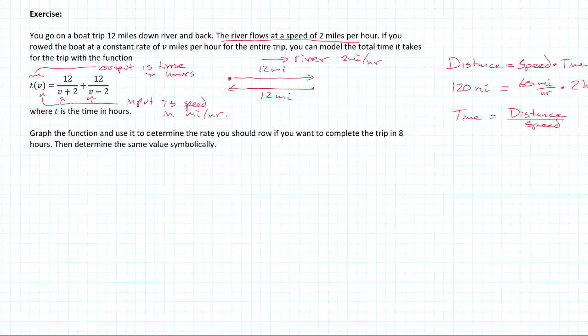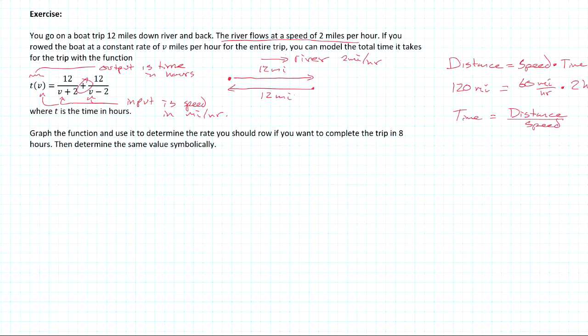On the way back, we're again going 12 miles, but the river is pushing against us, so we're going 2 miles per hour slower than how fast we're rowing. So this second fraction, 12 over v minus 2, is the time it takes for us to get back.